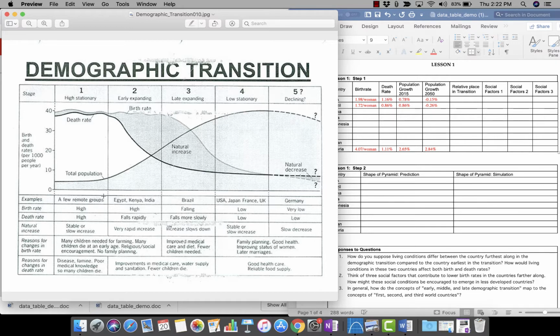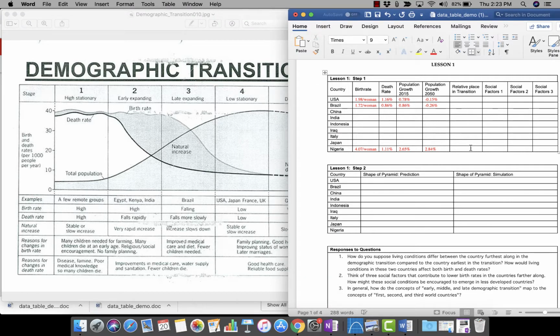So here we've got our growth rate. If your growth rate is increasing, like you have a high birth rate, you're going to be in maybe like 2 or 3.